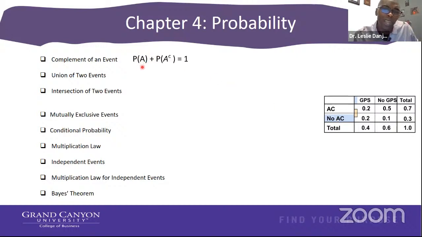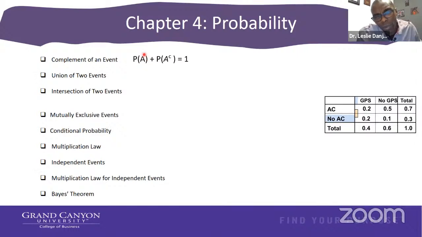All right. But watch how this works, y'all. Let's say the probability of AC. How do you calculate the probability of AC? It is all of AC's total, 0.7. Hopefully that is making sense to you. All right. Let's say A represented no GPS. What is the probability of no GPS?